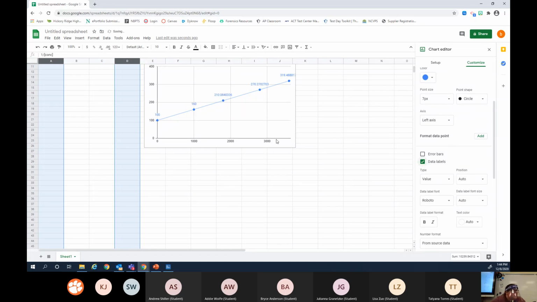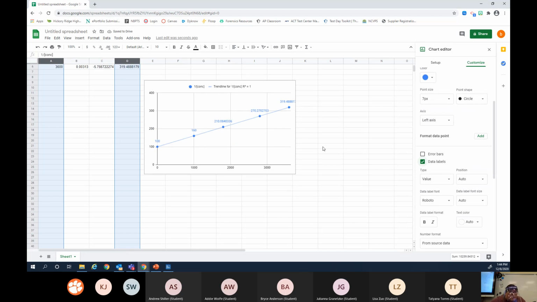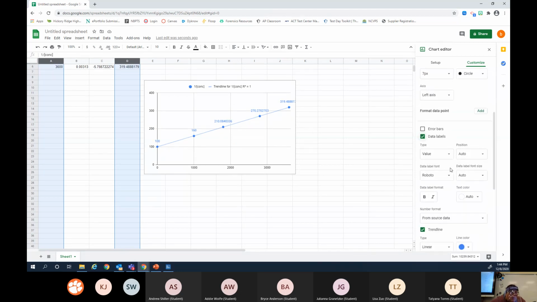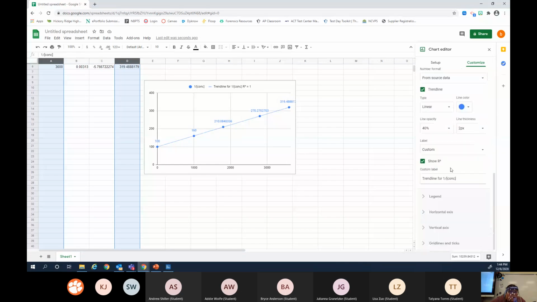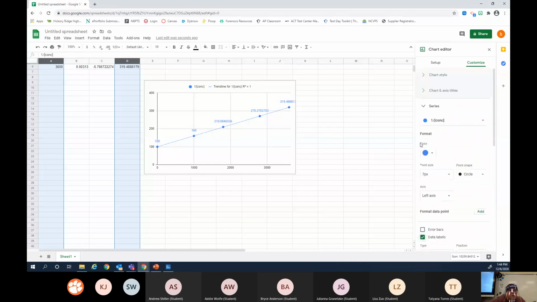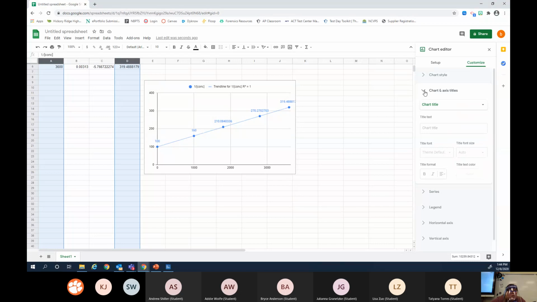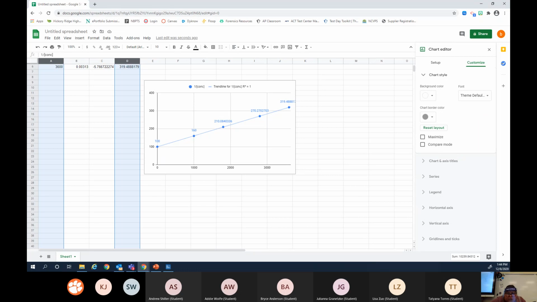Data labels, maybe? No. All right, let me keep going.